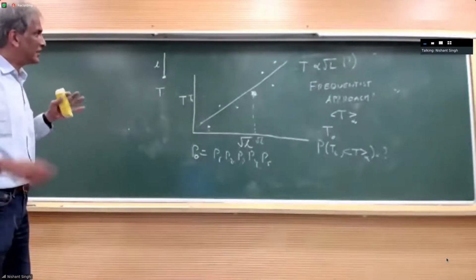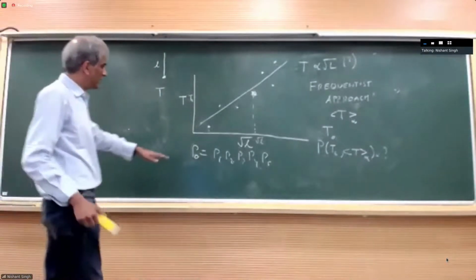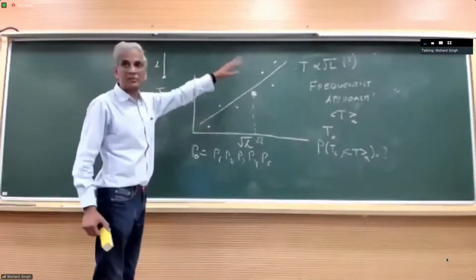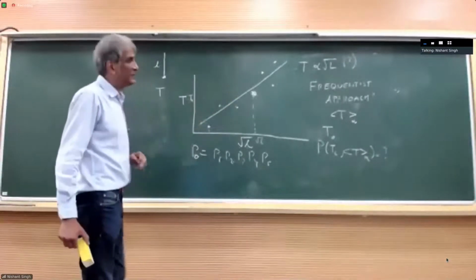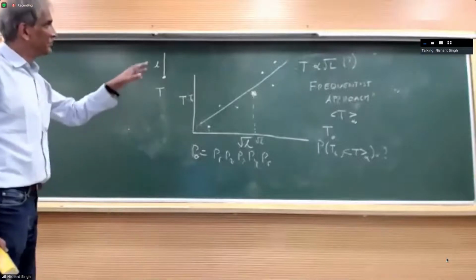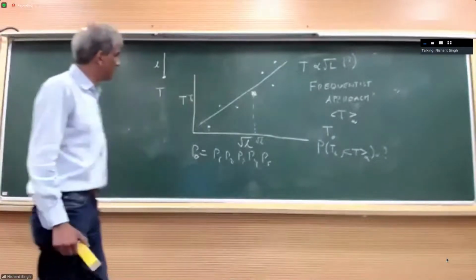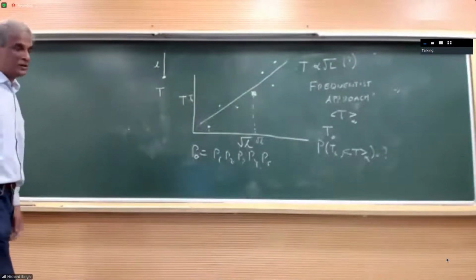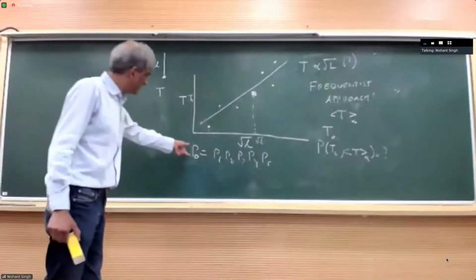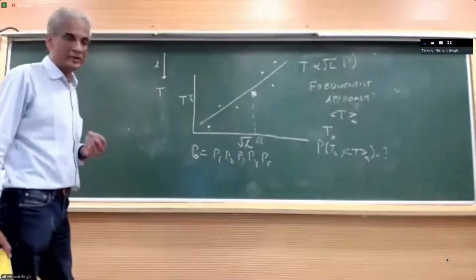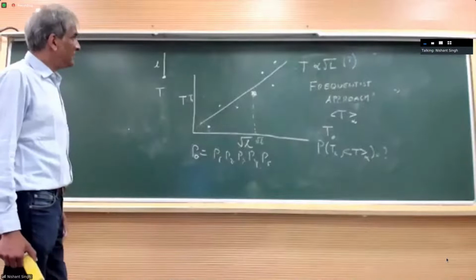Logically speaking, our logic says that P0 should be large for us to accept this idea that the T is proportional to root L. So I asked, and when I measured this probability, I got it to be 0. So now I'm in trouble. So I rephrase the question.